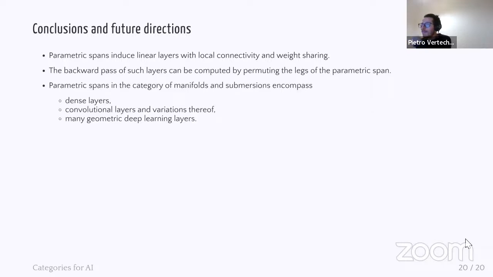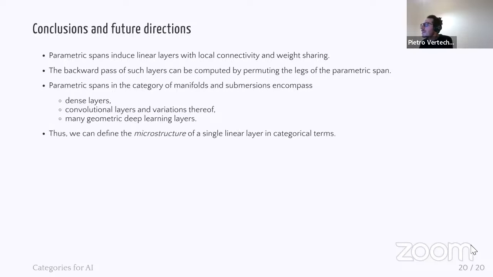And parametric spans in the category of manifolds and submersions, which in practice will always be our primary example, encompass dense layers, convolutional layers, and variations thereof, and many geometric deep learning layers. And of course, it will be interesting to see if very recent formalizations that have been discussed are also part of this framework.